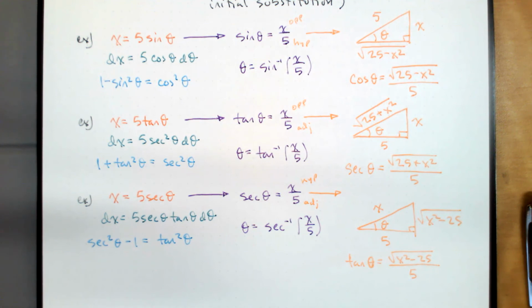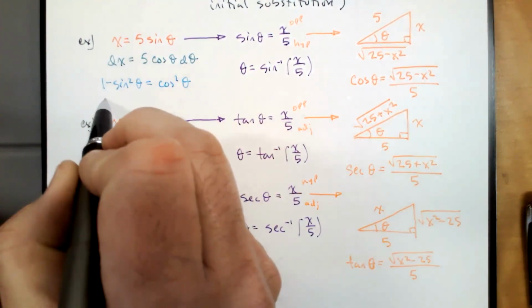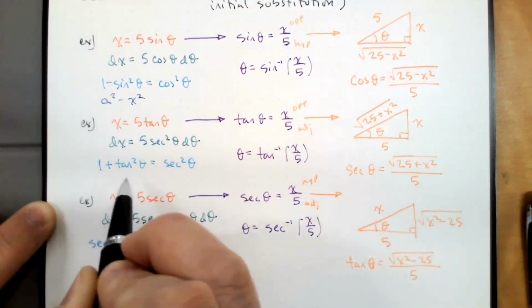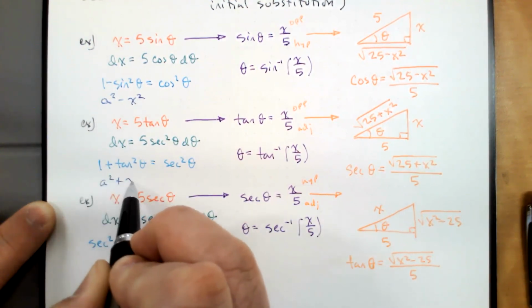Don't worry about remembering 1 plus tangent and secant squared minus 1 separately. Use the case to help you remember these. Because this is the case information right here. The sine case is from a squared minus x squared. The tangent case is for a squared plus x squared.